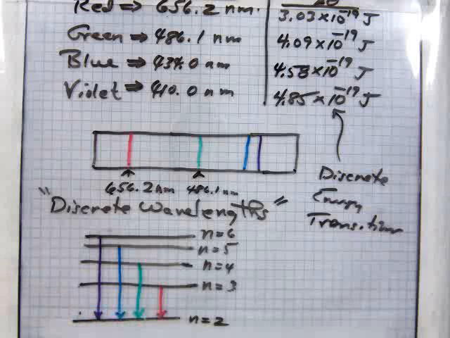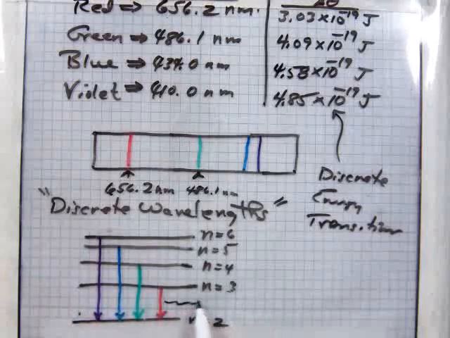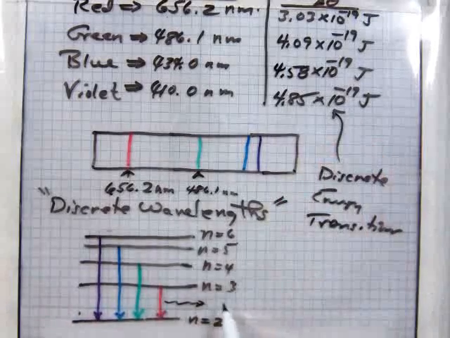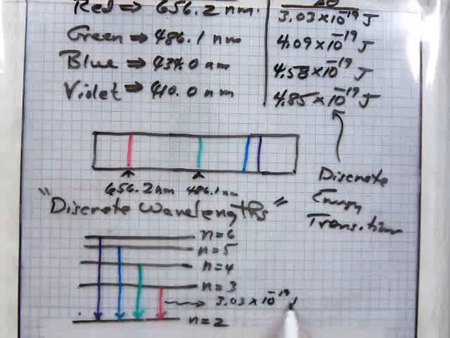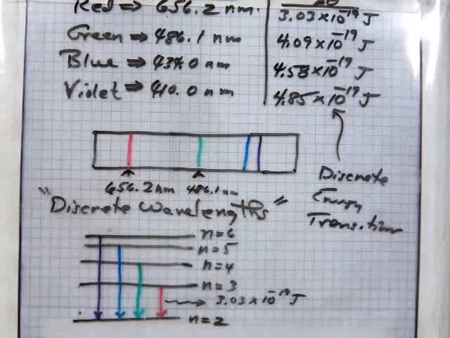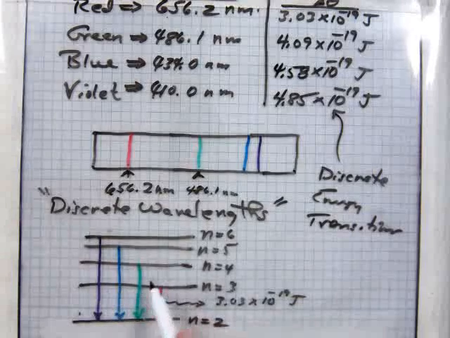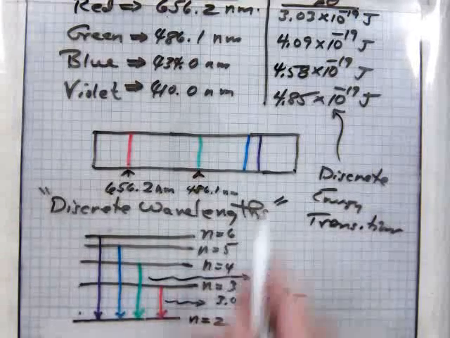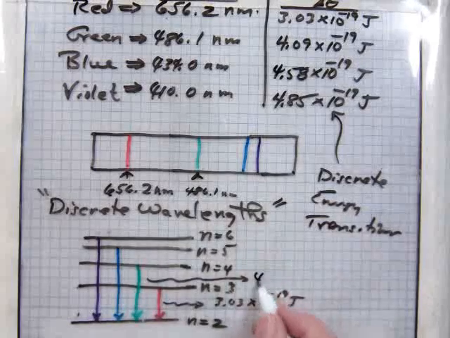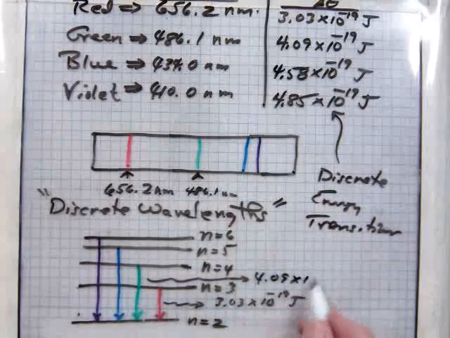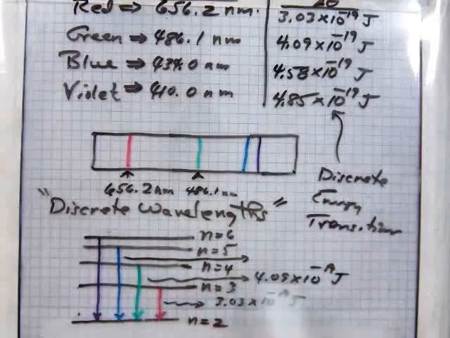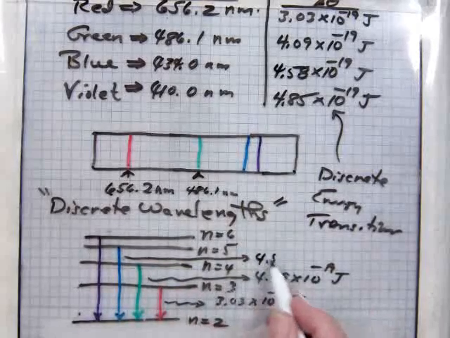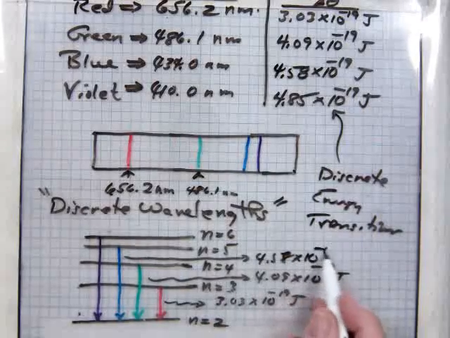In the case of the 3 to 2 transition, we have this 3.03 times 10 to the minus 19th of a joule and nothing else. And from the green line, it was 4.09 times 10 to the minus 19th of a joule. The blue line was 4.58 times 10 to the minus 19th joule.